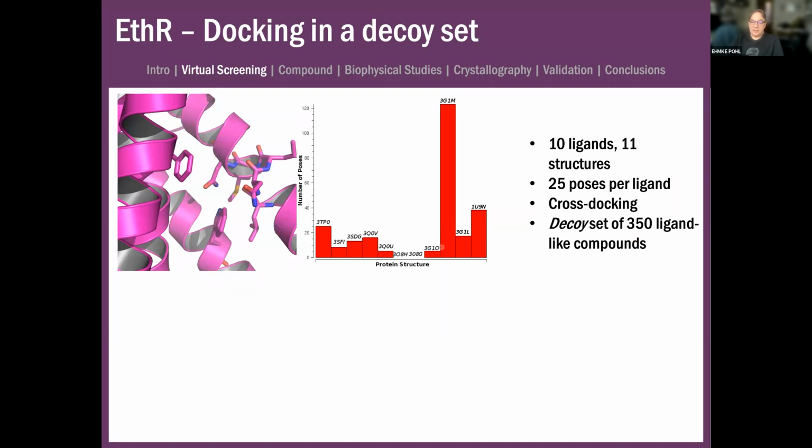And it turns out that the differences between all these different PDB codes are actually huge. Remember, on the first view, these crystal structures look all the same. Each of these bars represents a different crystal structure that looks almost identical. Yet there's one crystal structure that is much more successful in finding the true ligands at the top of the pile, whereas some of these crystal structures are really not very good. They don't find our top ligands at the top.